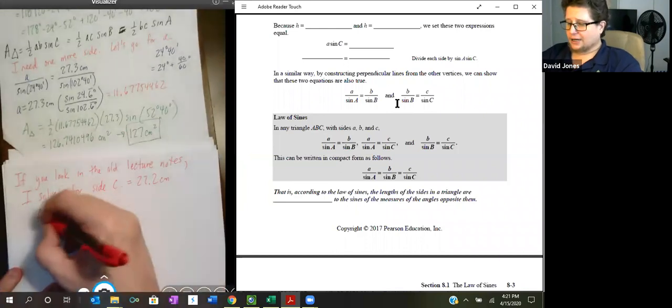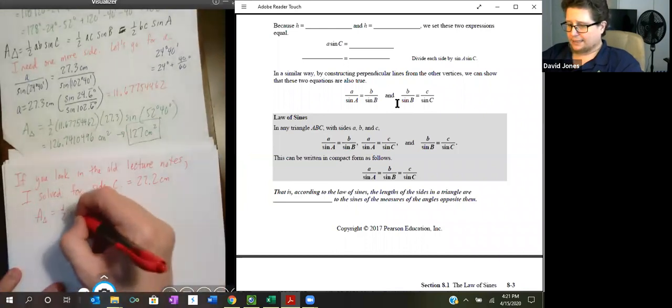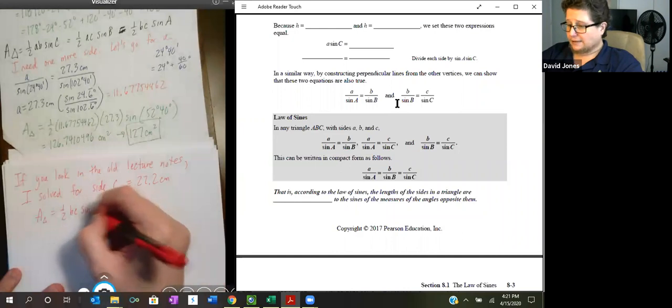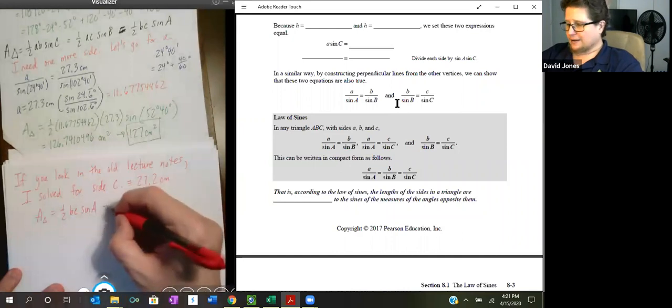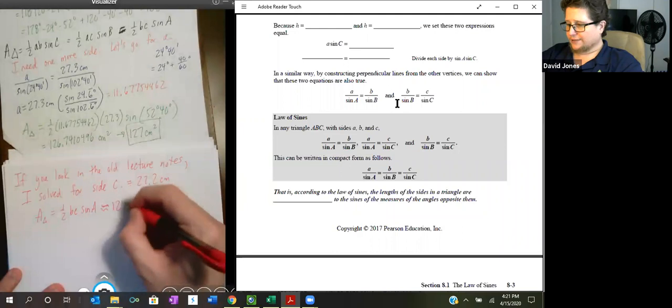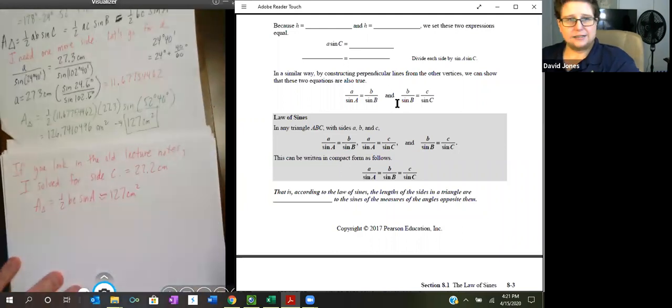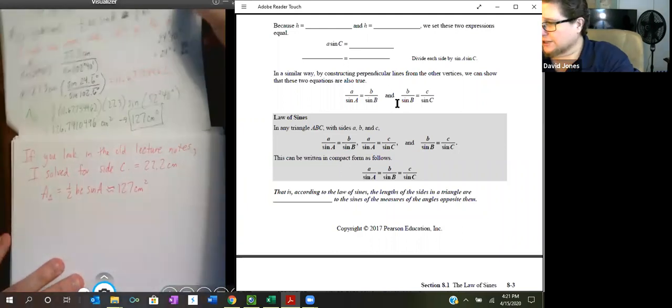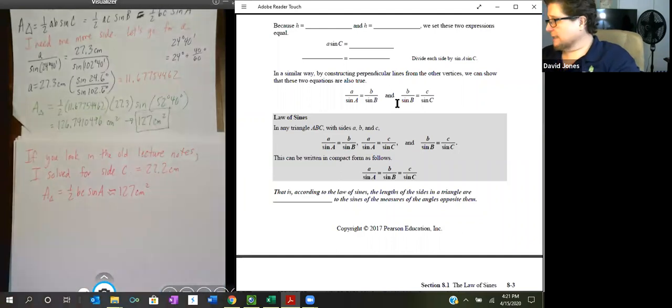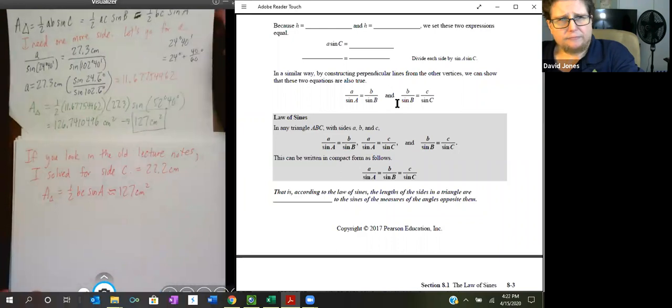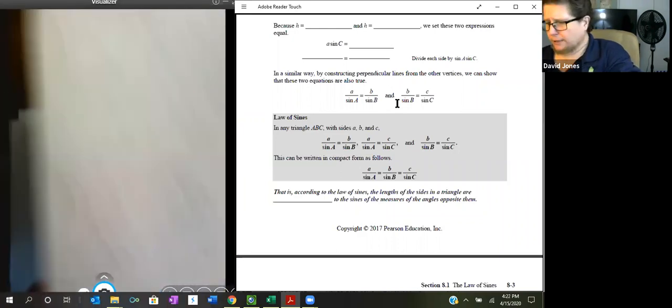And then the area of the triangle equaled 1/2 BC sine A. And that again ended up being approximately 127 centimeters squared. So it doesn't really matter which one you went with, as long as you were precise with it. And that will wrap up 8.1.